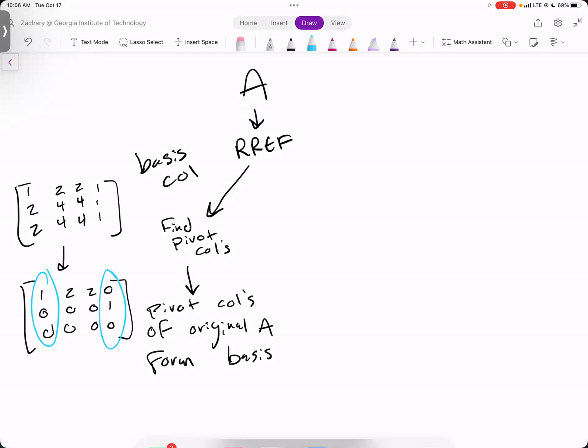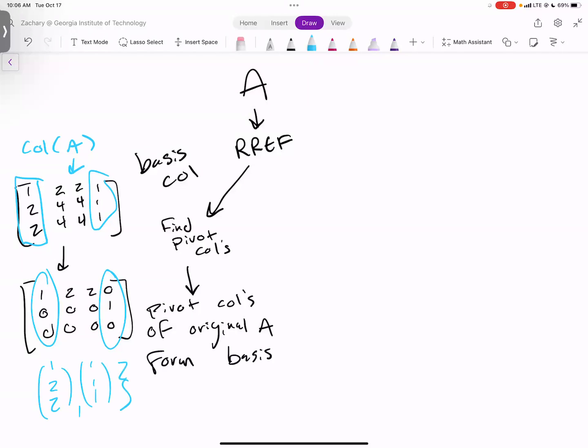The basis for this matrix would be the vectors corresponding to my original matrix. So the basis for the column space of this matrix A would be (1, 2, 2) and (1, 1, 1). And we usually put them in this little curly bracket notation. The curly bracket is around the vectors.